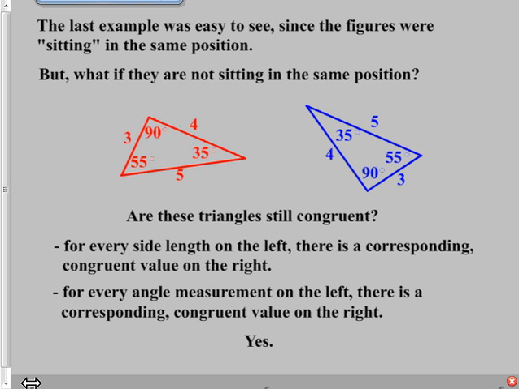Okay, so it's a little bit different from the discussions that we had back with the transversals, where things corresponded because they were sitting in basically the same positions. Okay, well, the same position is still basically true, but you've got to realize that the figures could be rotated. So we're more looking for locations in one figure that share similar properties as locations in another figure.